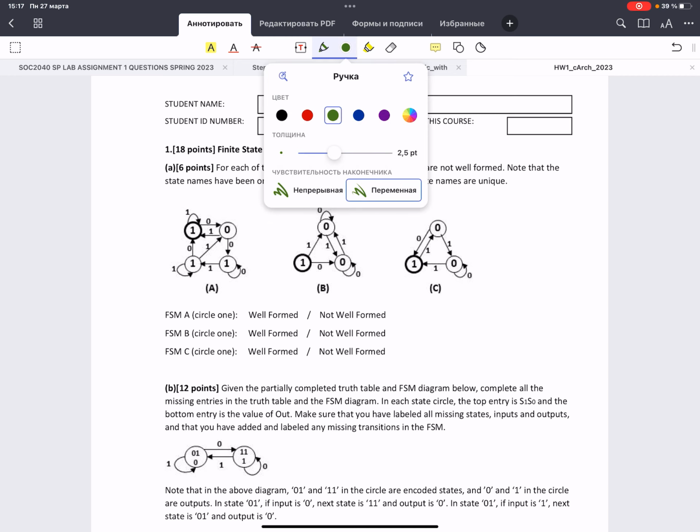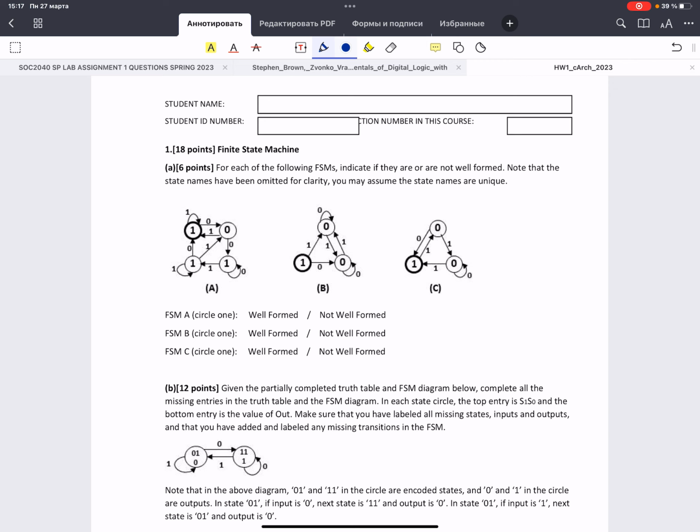In question number 1, you're asked to choose or say whether this given diagram of a finite state machine is valid or not. So I guess you know that these big circles represent states.